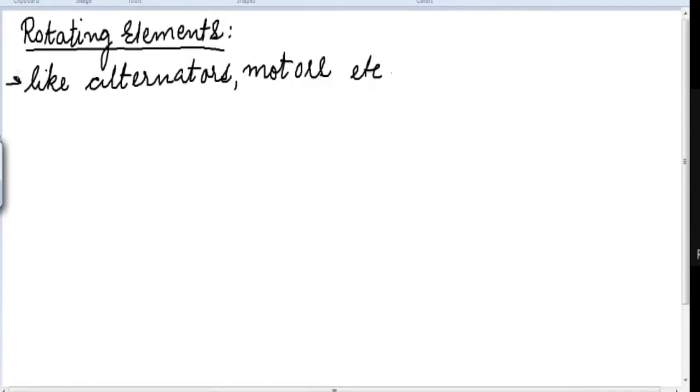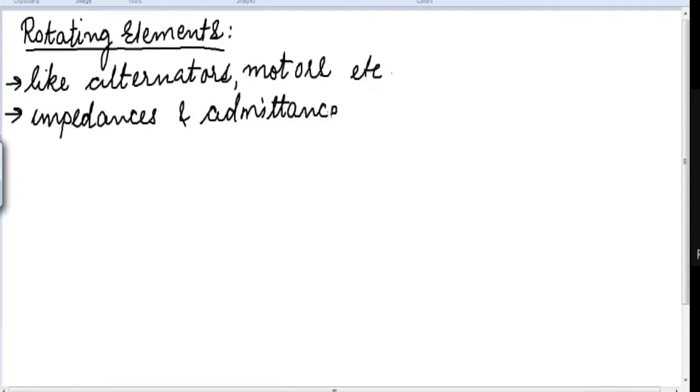So this point you have to remember. What we can write here is impedance and admittances are not symmetric. Why is it not symmetric? Because you know that these devices are continuously rotating in nature.